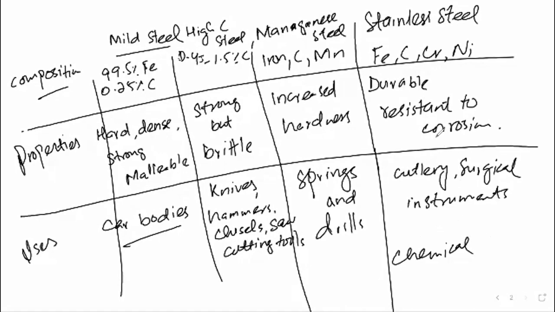They are resistant to corrosion, that's why stainless steel is used in chemical plants. So these are the four types of steels: mild steel, high carbon steel, manganese steel, and stainless steel. Their compositions have been given, their properties have been told, and in the same way we have studied their uses as well.